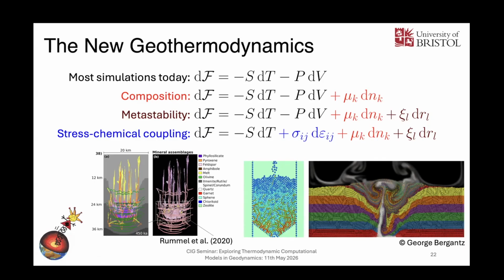So actually starting to consider individual crystals within a mush and stress chains working within that mush, which can significantly change how the material behaves rheologically. So this stress chemical coupling is really important for dictating what the viscosity of a substance is. And I think we will be starting to see many more papers in this field over the next few years.